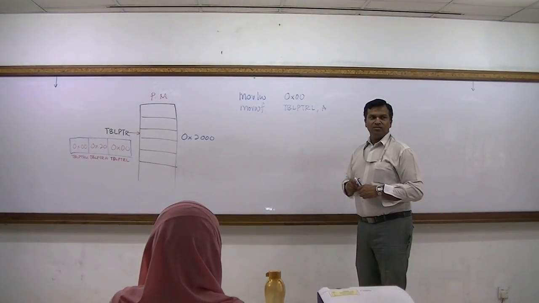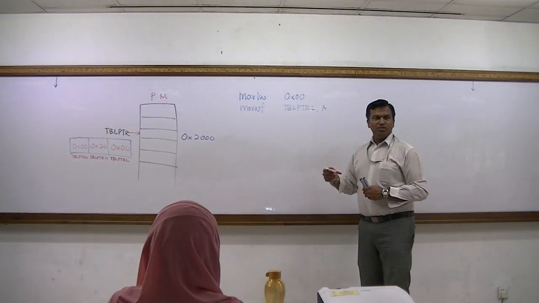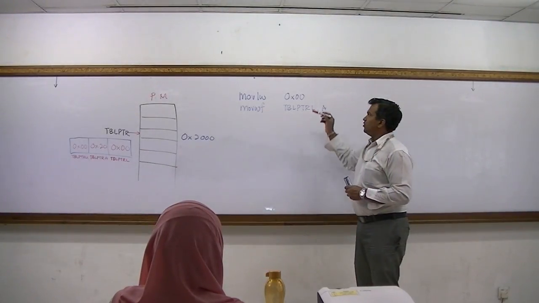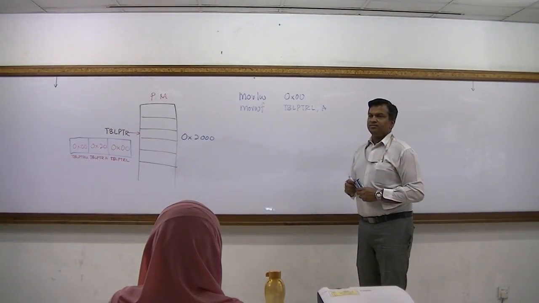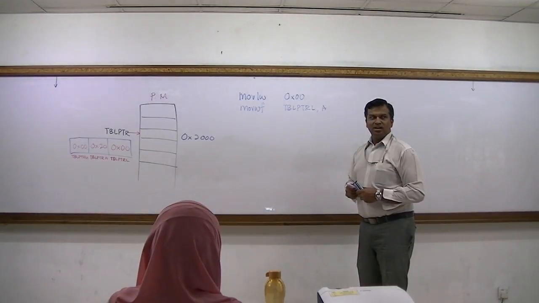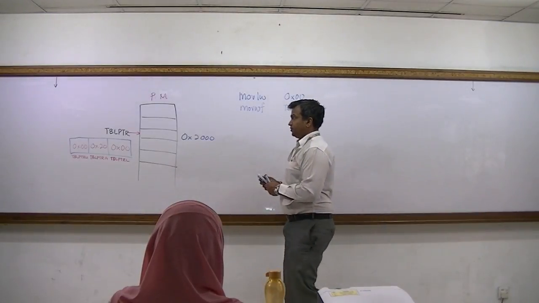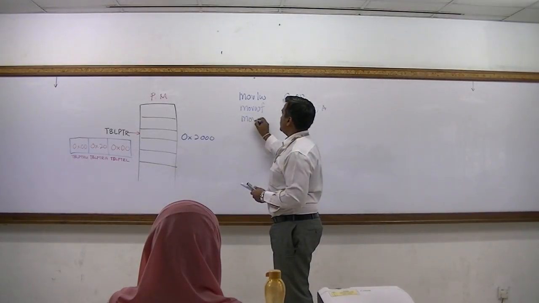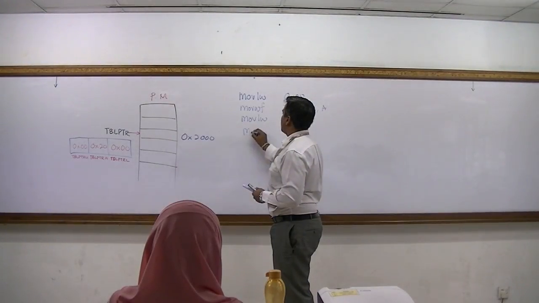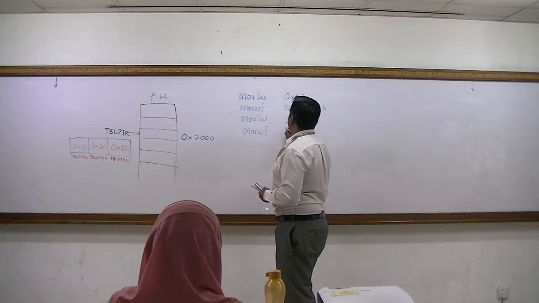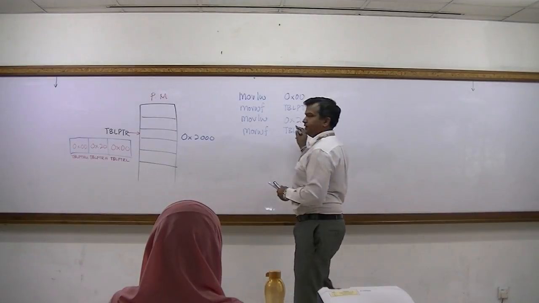How? Do you understand my question? Instead of loading the value 00, you can also use another instruction to do the same thing. Clear F table pointer low, same thing. So the next one, 0x20, move to table pointer high.